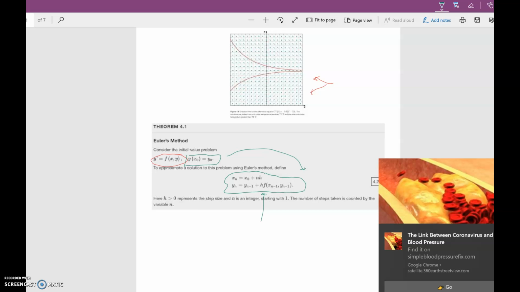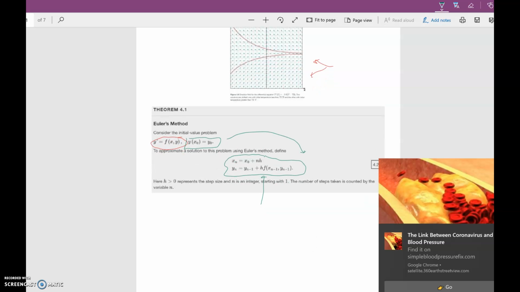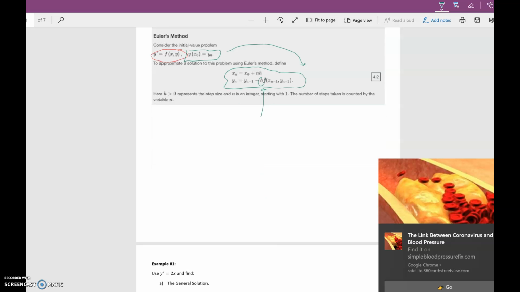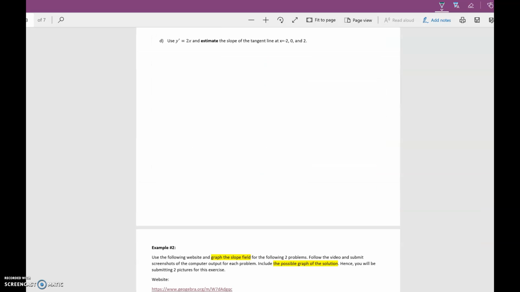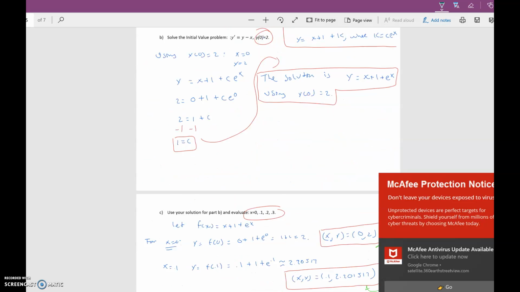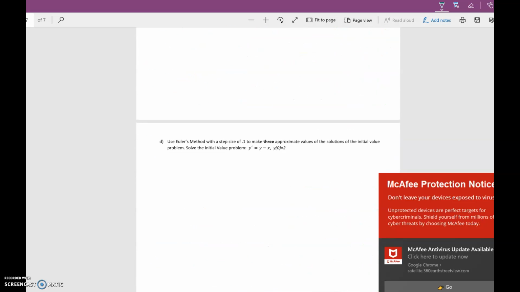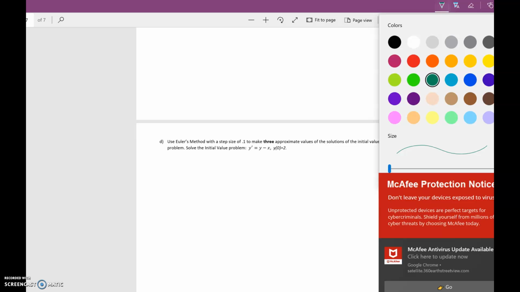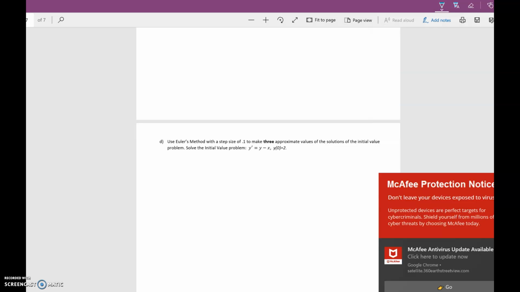What we call delta x, or in this case h, is your step size. In terms of notation, other textbooks use delta x; I'm used to calling it h. That's the step size, and it's going to be 0.1.